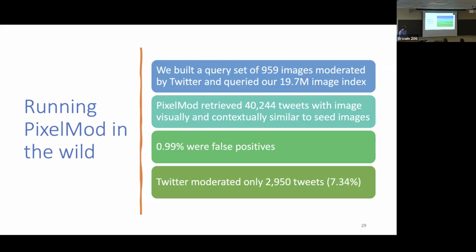And we retrieved 40,000 tweets with images that were visually and contextually similar. Okay? And we found that 0.99% of those were false positives. And again, we looked at how many images Twitter actually moderated in the first place, and we only found 7% of those being flagged. So, this kind of automated technique could improve that significantly.